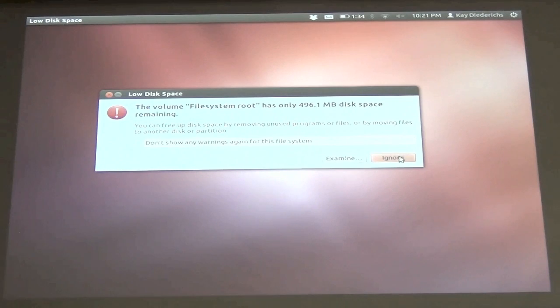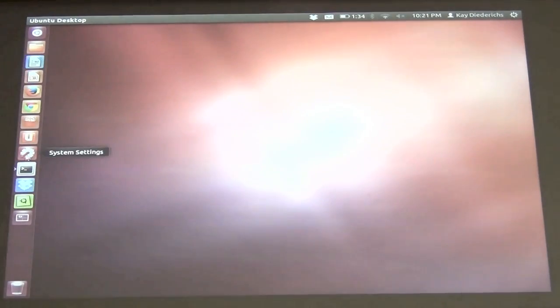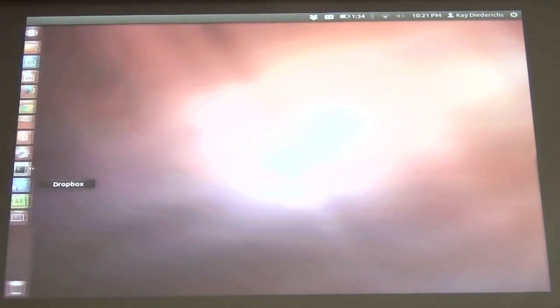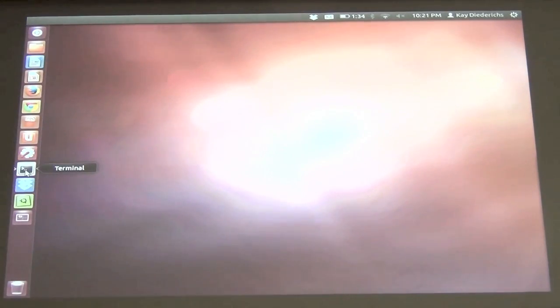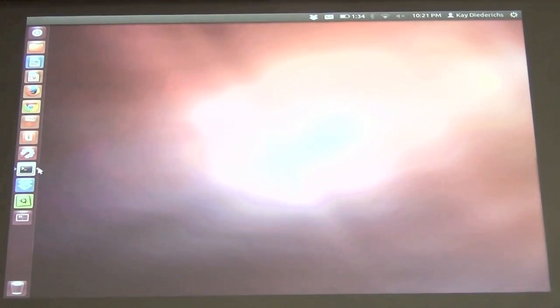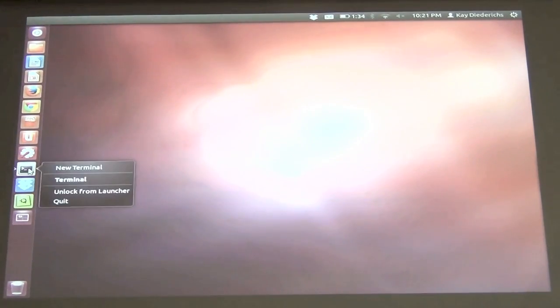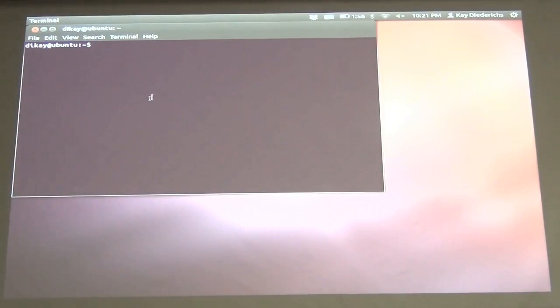So, yeah, ignore. Okay, so we'll try to run it here. See my terminal. Where is it? This is the other screen.